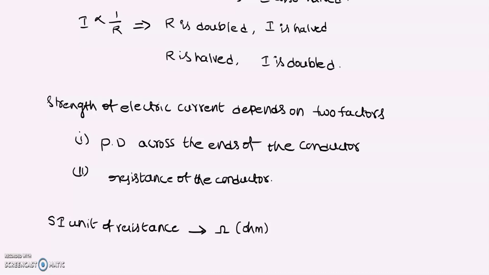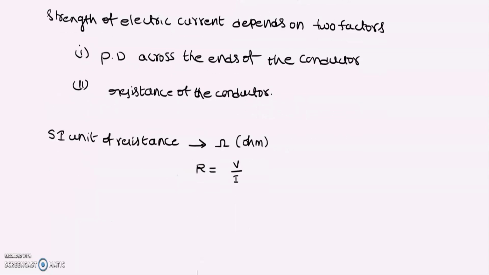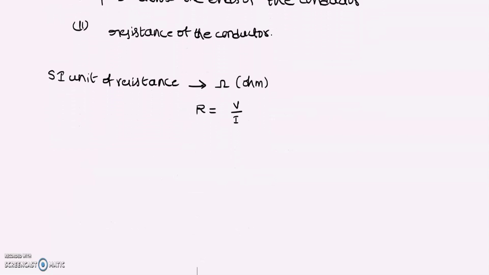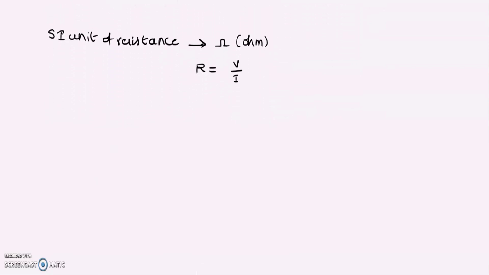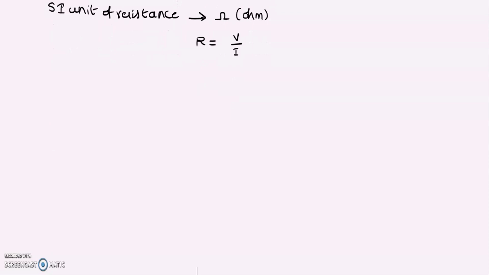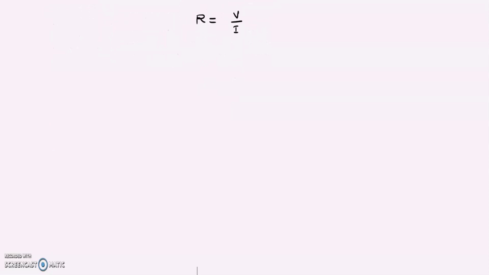According to Ohm's law, resistance R is equal to V by I. Now, if the potential difference V across two ends of a conductor is 1 volt and the current I through it is 1 ampere, then the resistance will be 1 ohm.